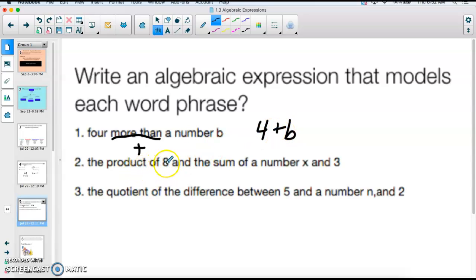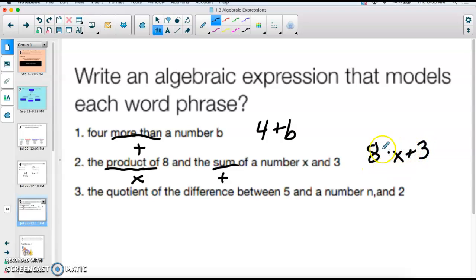All right, the product of 8 and the sum of a number x and 3. Okay, keyword here, product of, right, multiplication. And then we have sum, which would be addition. Okay, so the product of 8 times the sum of x and 3.